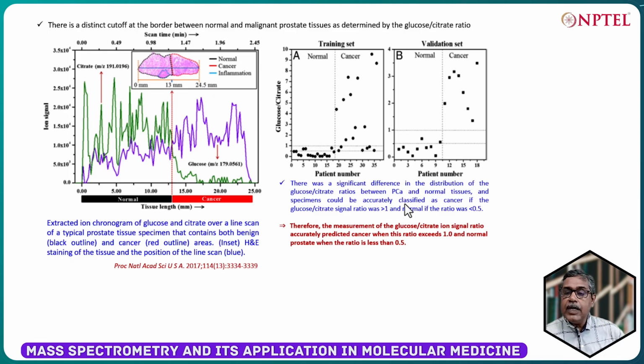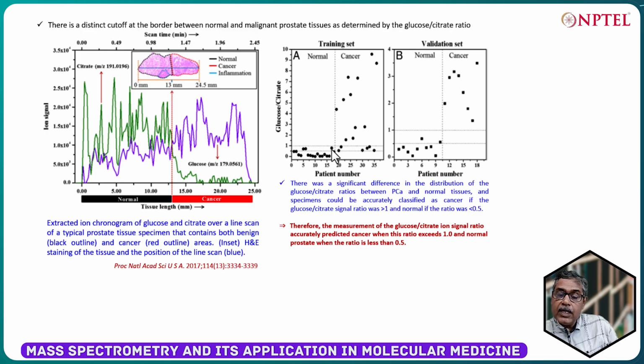The specimen could be accurately classified as cancer if the glucose over citrate ratio is more than 1, like this entire zone, and if the ratio is less than 0.5, this entire zone, then the tissue is normal.